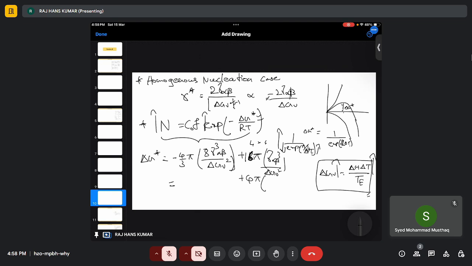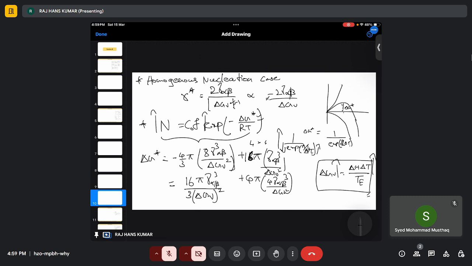Four pi R square will be 4 gamma, and R star cube upon delta GV square. This will turn out to be cube, so it will be 16 pi. If I take 3 common, then there will be 16 pi gamma cube upon 3 delta GV whole square.